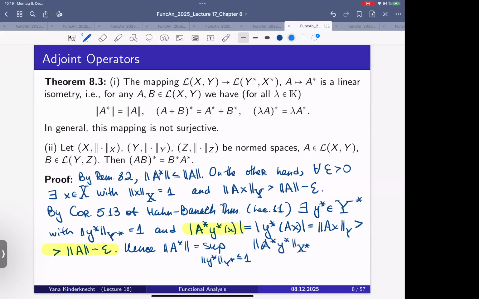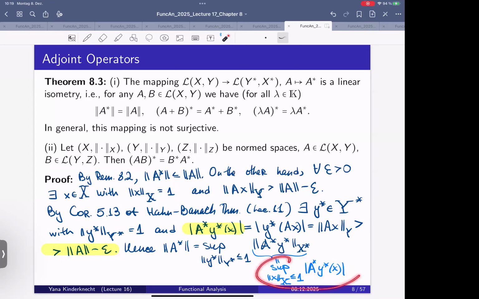But this is itself a supremum over all x in X with norm smaller or equal to 1 of A star y star evaluated at x. And we see that this guy here is bigger than this.